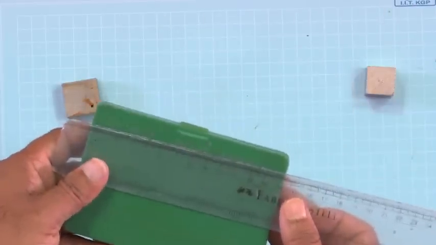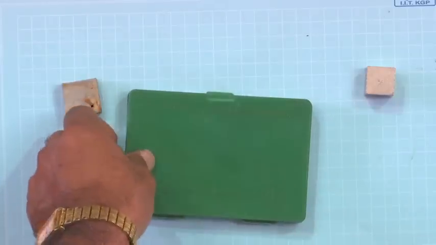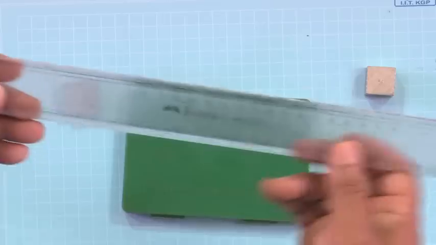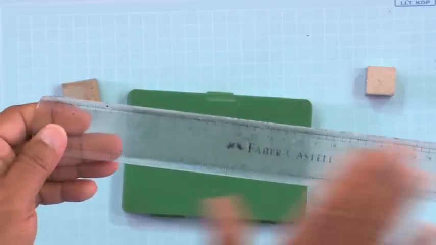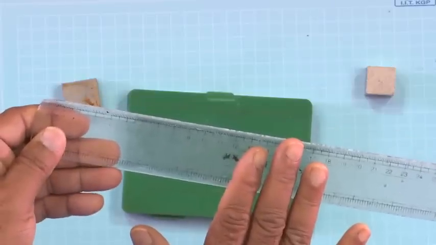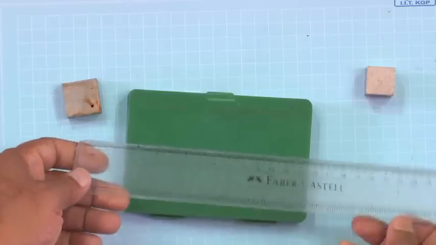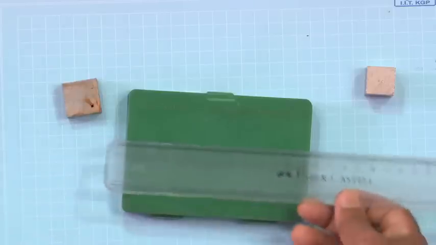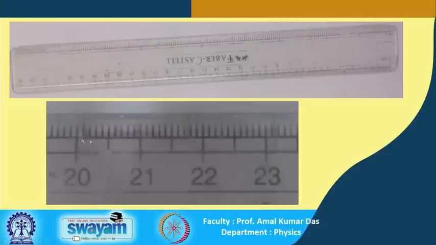Now, to start measuring, first you have to find out the least count of this scale. You can see in the picture, this is the 20 and this is the 21.